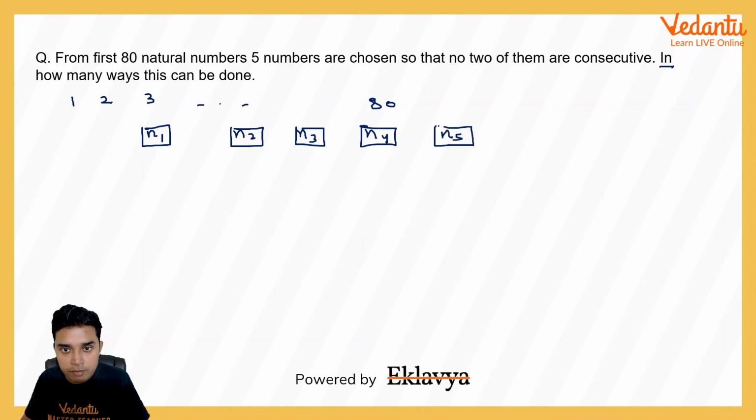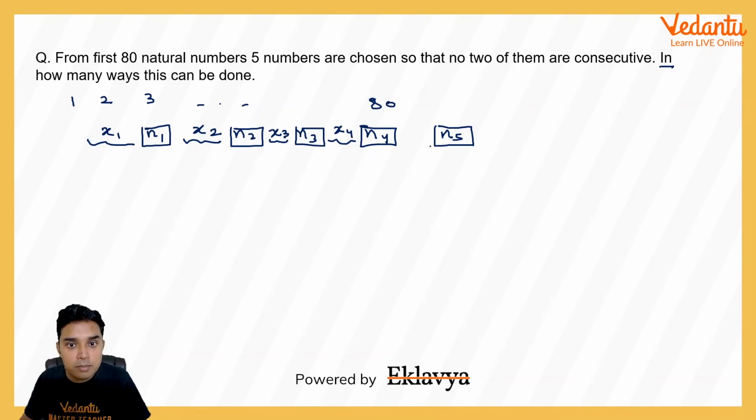Now, because no 2 are consecutive, you have to have some numbers in between n1 and n2. Let us call that x2. Why am I saying x2? Because there can be some elements before n1 also. Although it is not mandatory, you may have them, because they are not saying that you have to choose one. Similarly, in between here, you have to choose, let us say, x3 numbers.